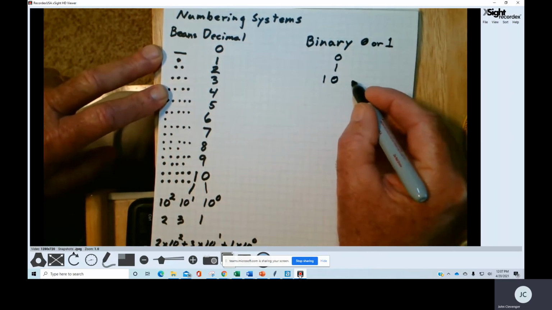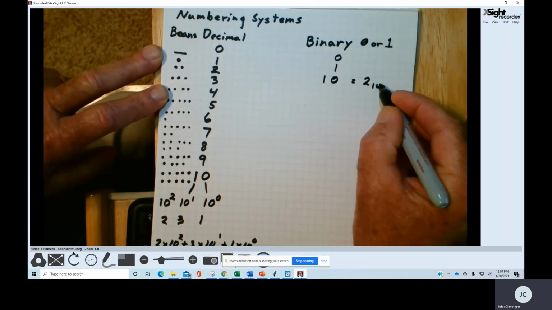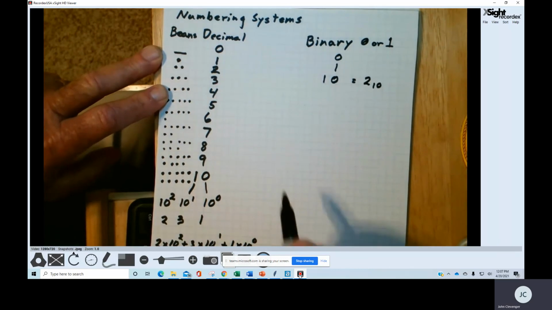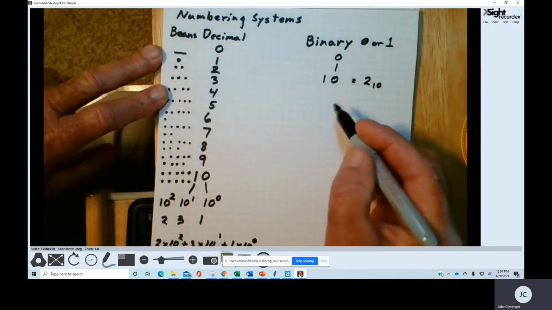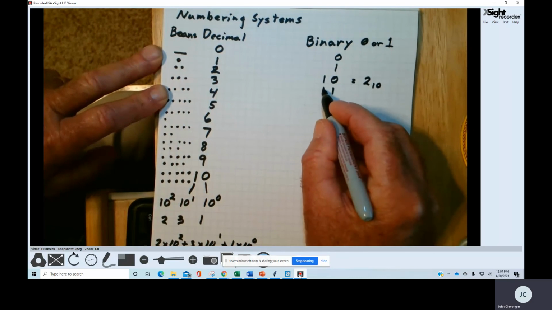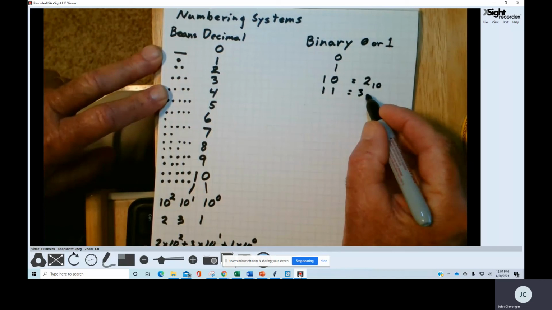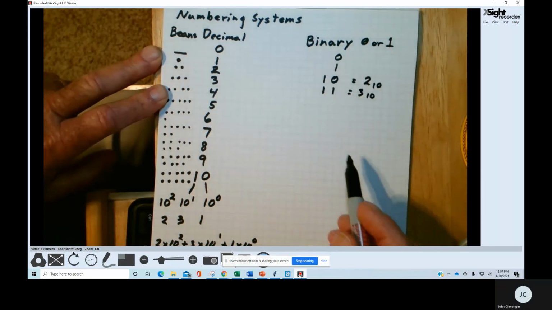This value in binary equals 2 in decimal. And if I count to 3 jelly beans, I can put a 1 here and a 1 here. So this would equal 3 in our decimal numbering system.